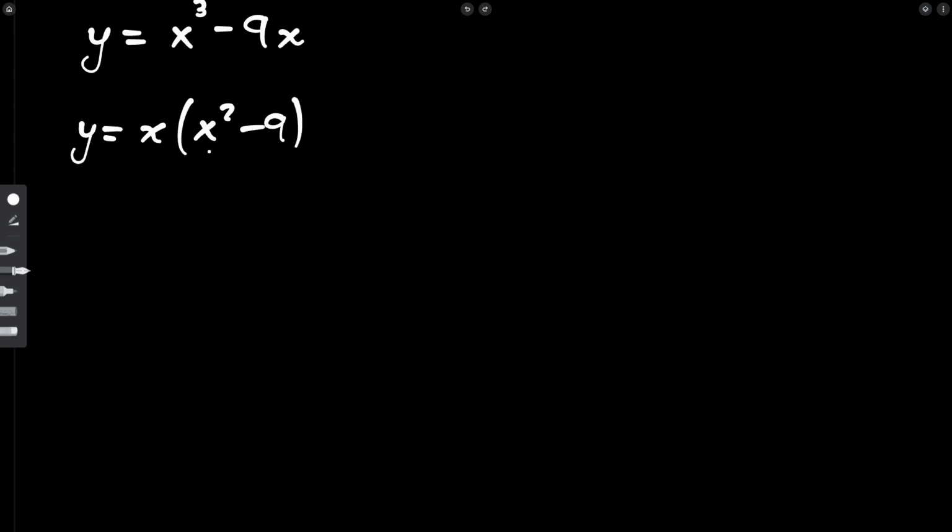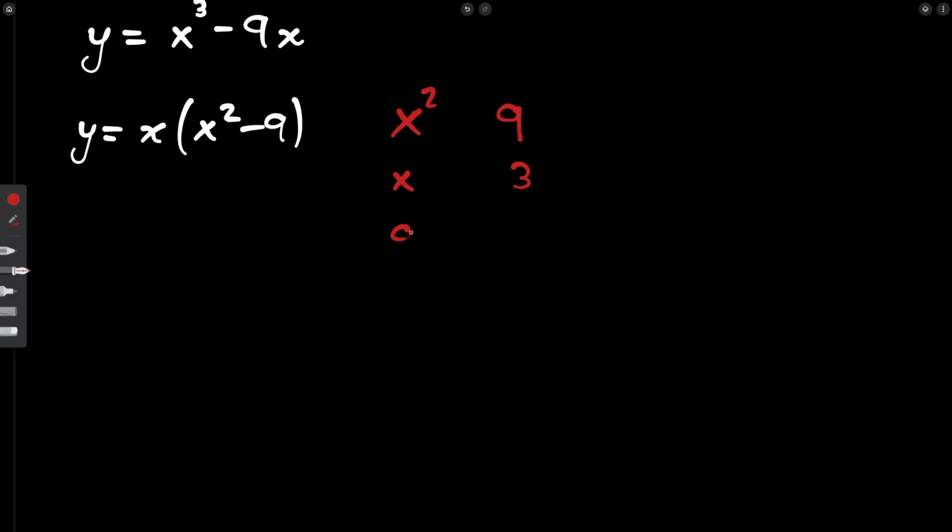Now, we can notice that this has the form of the difference of squares. How do I know? X squared is a perfect square, and 9 is also a perfect square. 3 times 3 is 9, x times x is x squared. And they're separated by a minus sign.